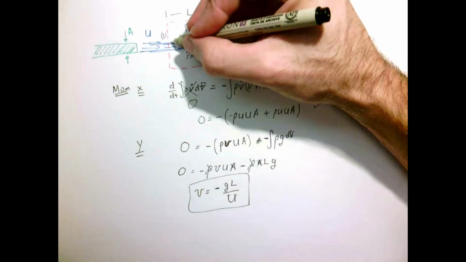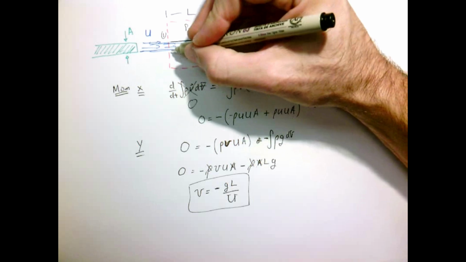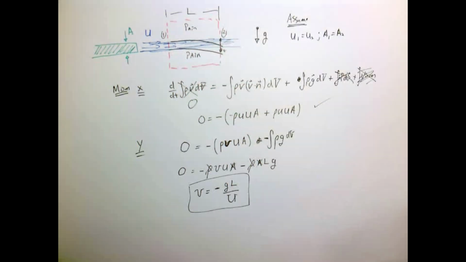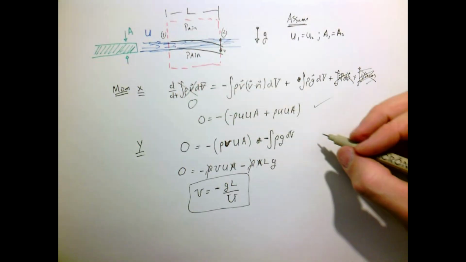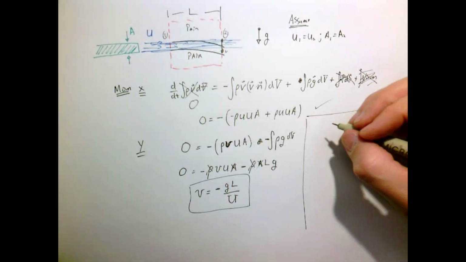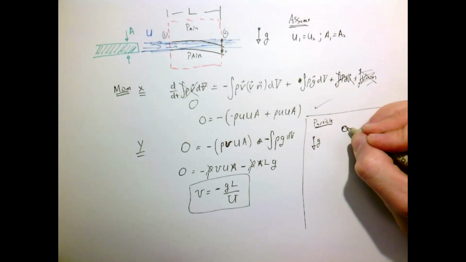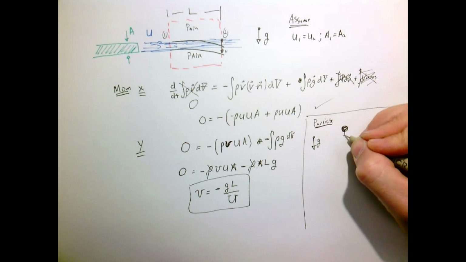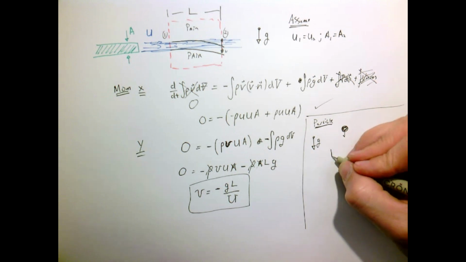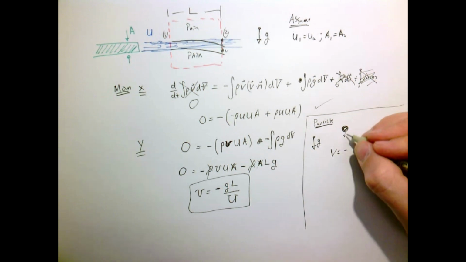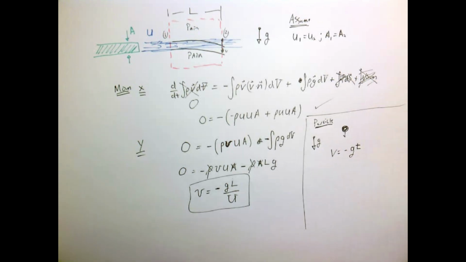So that means that our jet is sagging, which makes sense. And this also makes sense if we think about it from a particle perspective. If I have g pointing down, and I take something and I drop it, its velocity at any given time is minus g, because it's going downwards, times the time it's been falling for, right?